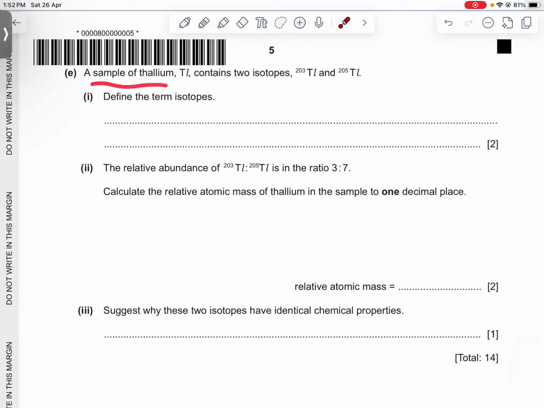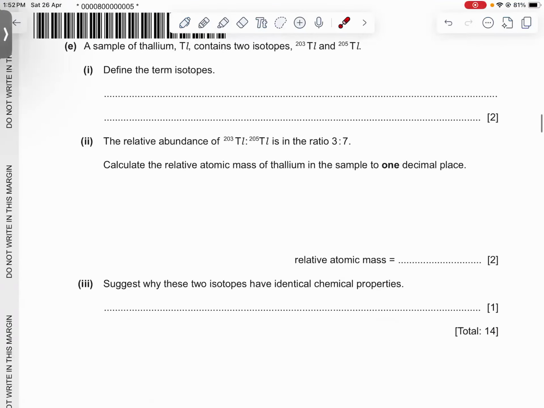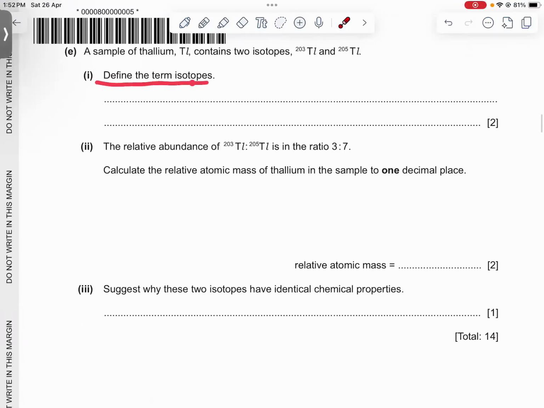A sample of thallium, Tl, contains two isotopes, 203 Tl and 205 Tl. Define the term isotopes. We have to define the term isotopes.